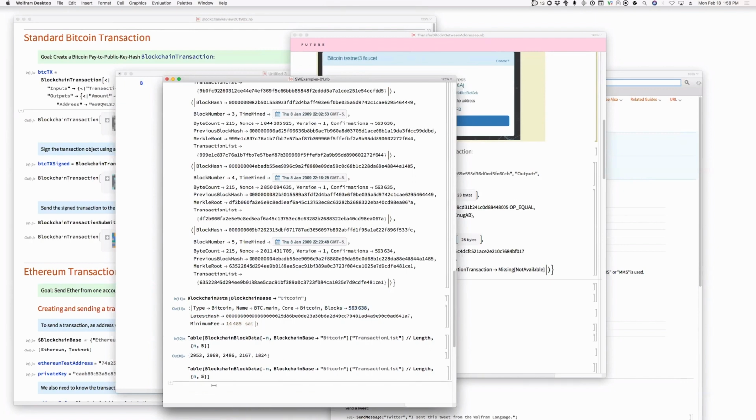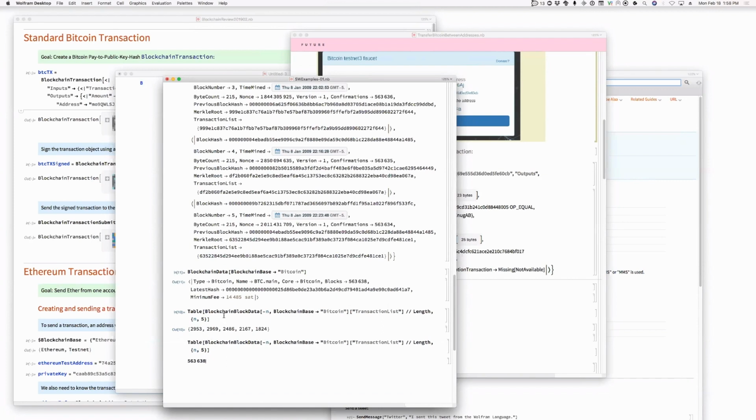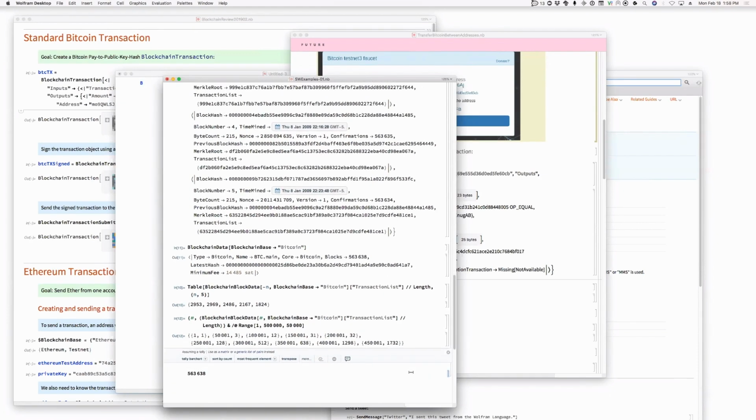I'm just curious, if I do this computation for blocks, this is just curiosity, but if I say range, let's say 1 to 500,000 in steps of 50,000 or something, this would give us some sense.